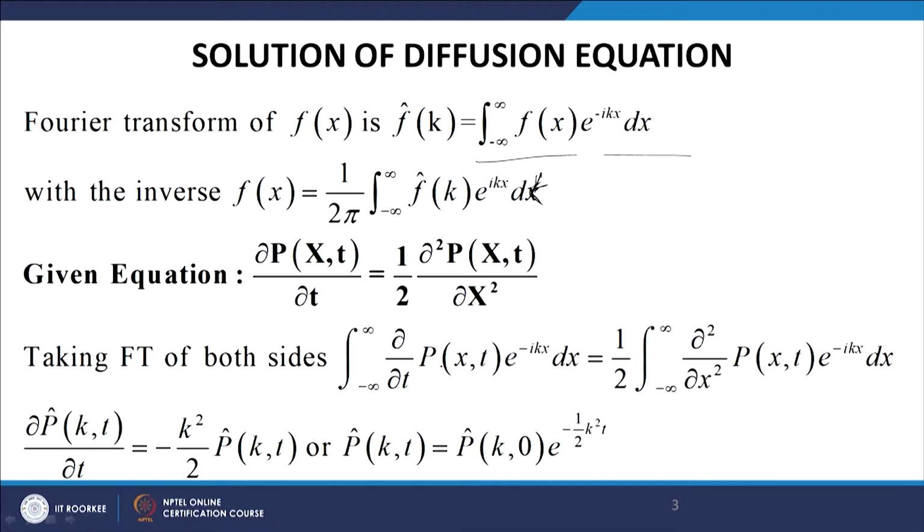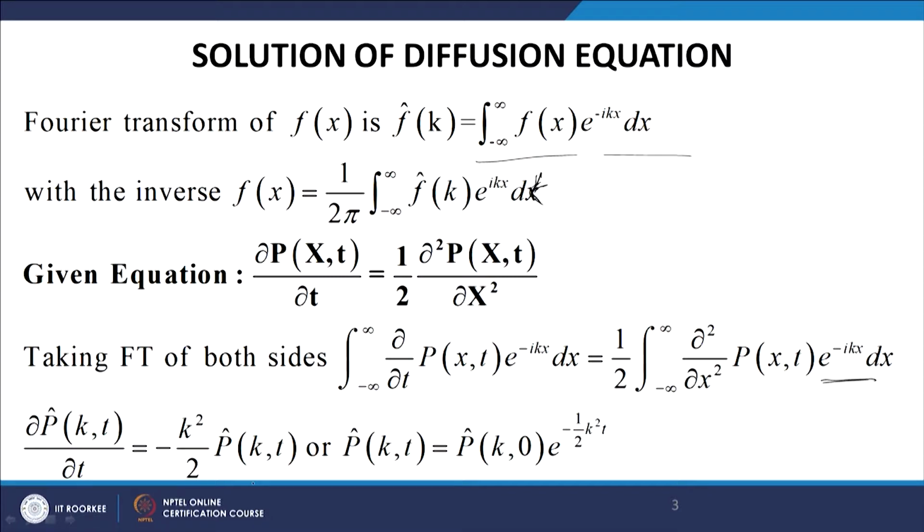And if you look at the right hand side, it contains the second derivative with respect to x, and this will operate on the exponential term which contains the x, and it will differentiate it 2 times, and we shall have minus k square.